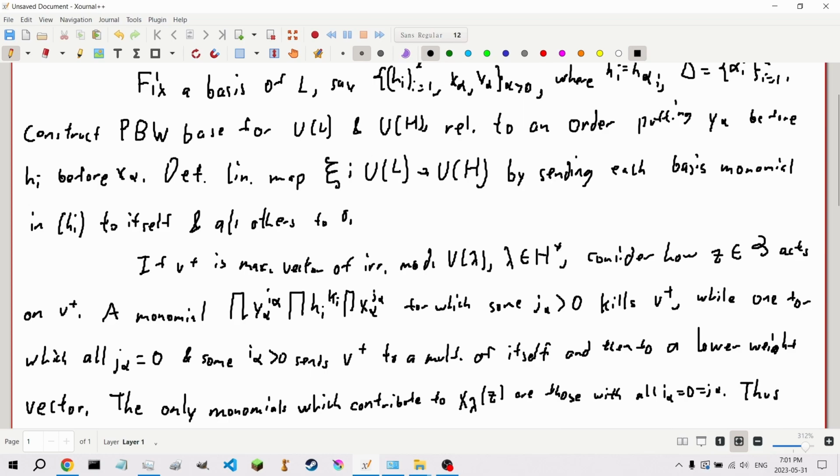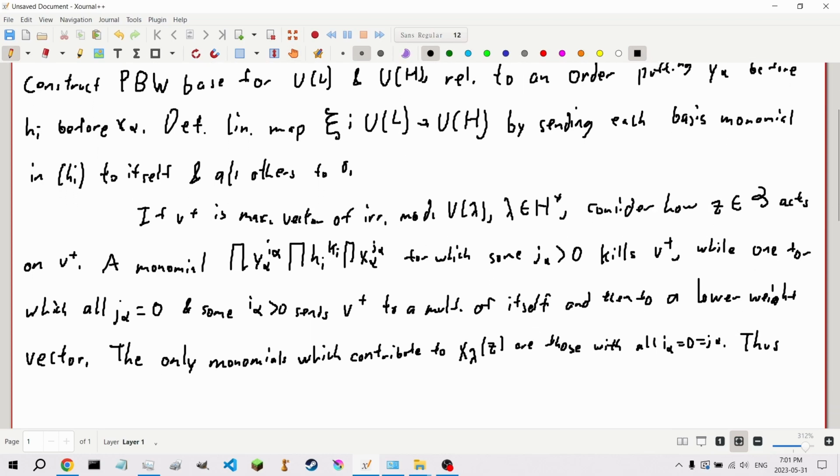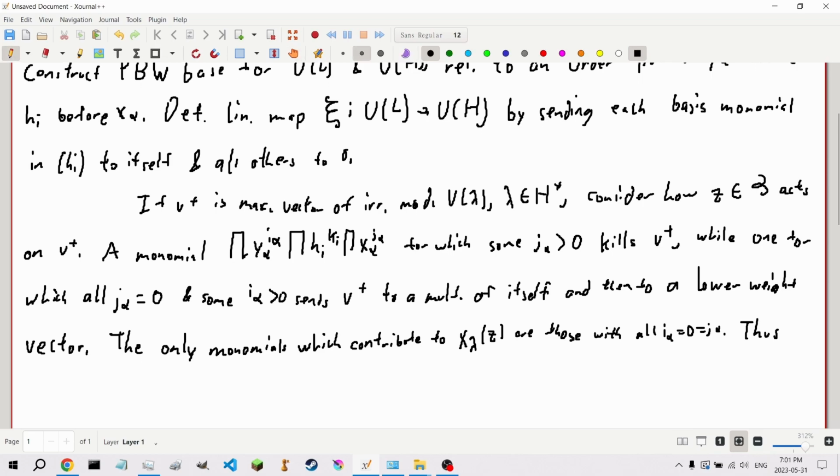Thus, from this we get, with xi as above, that chi lambda of z is equal to lambda of xi of z for z in our thing.